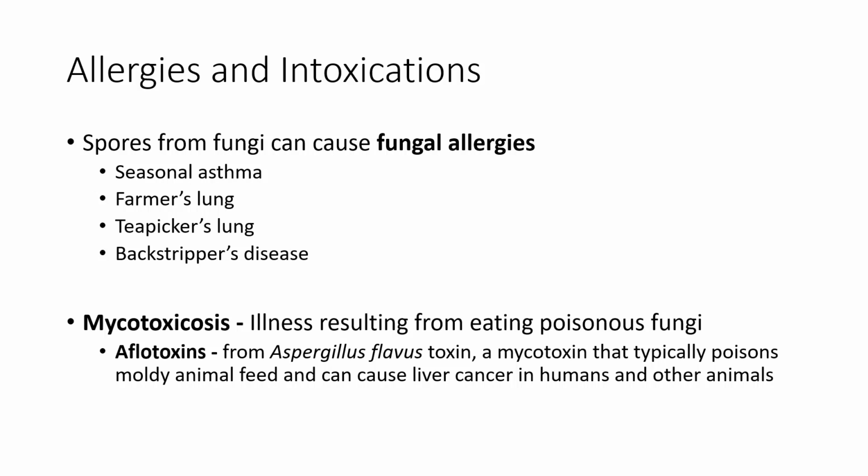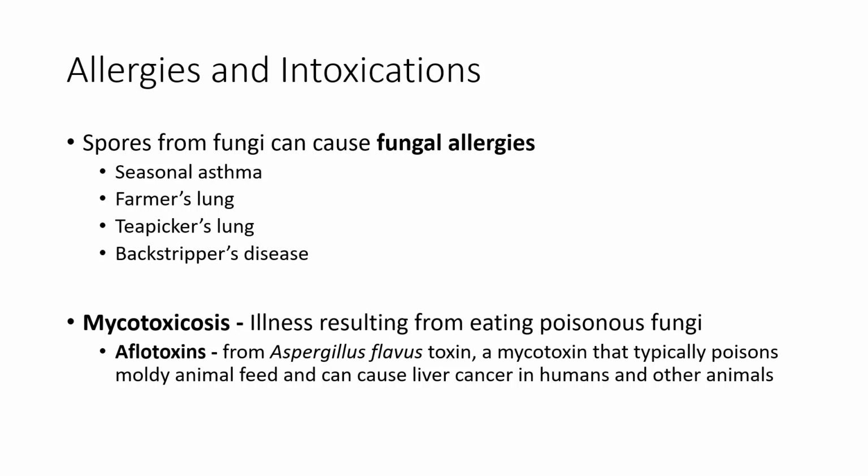And we can even have things such as mycotoxicosis, right? And so this can be getting an illness from ingesting a poisonous fungi. Okay? And so we can even have things such as aflatoxins. And so, once again from Aspergillus, right?